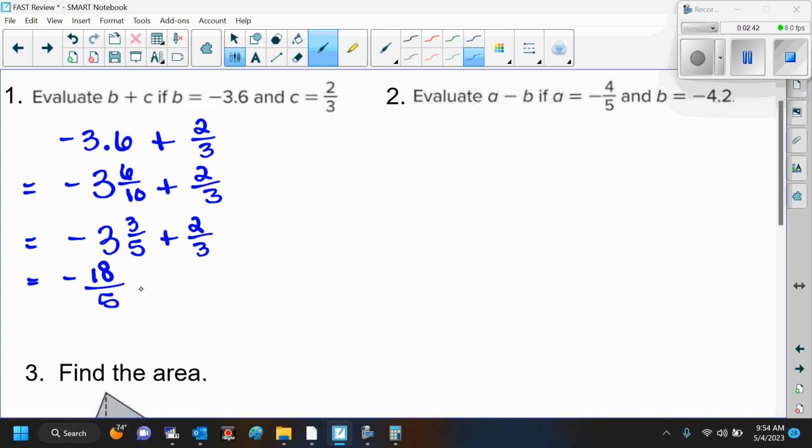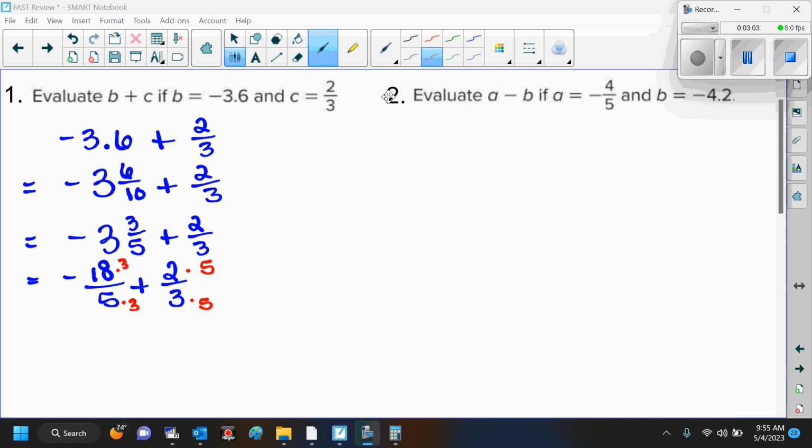So that's going to be 18/5 plus 2/3. And now I'm going to do some common denominators. What's the common denominator with 3 and 5? 15. Yeah. So we're going to multiply times 3 on this one, and we're going to multiply times 5 over here.